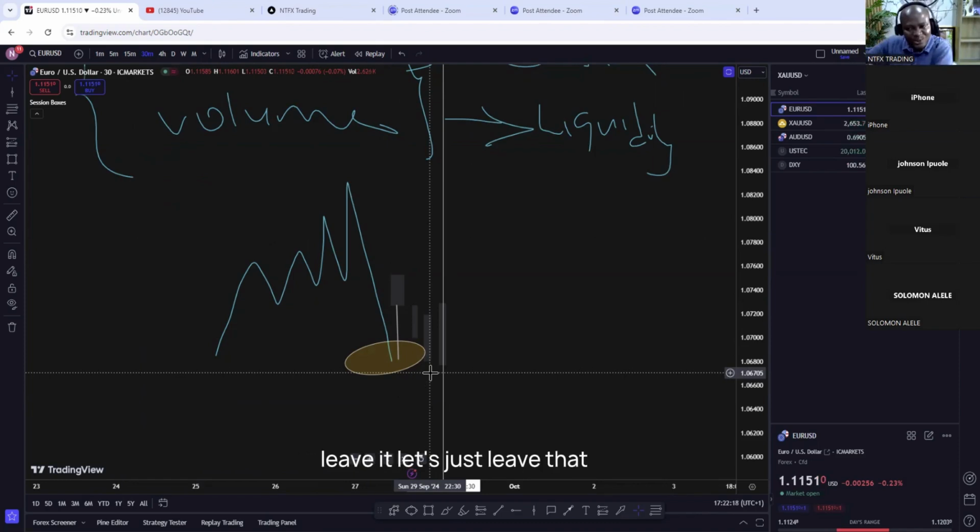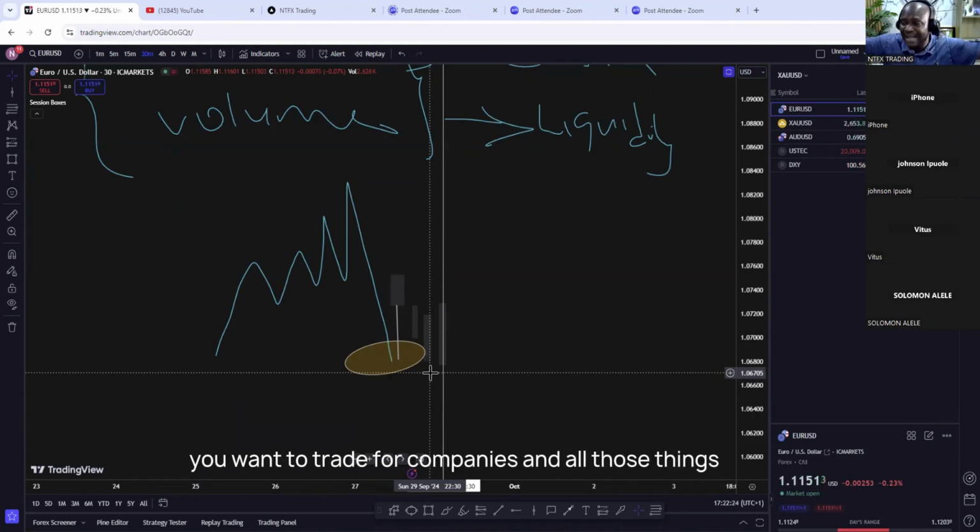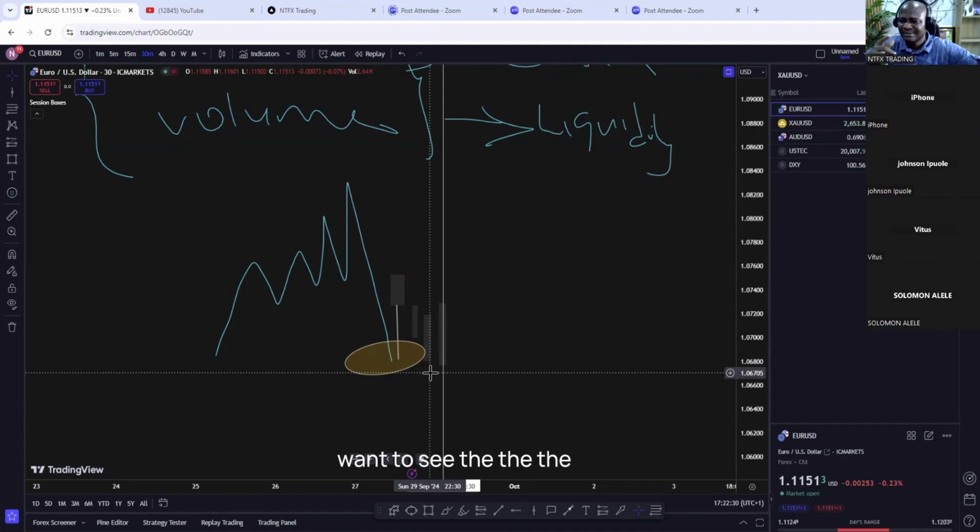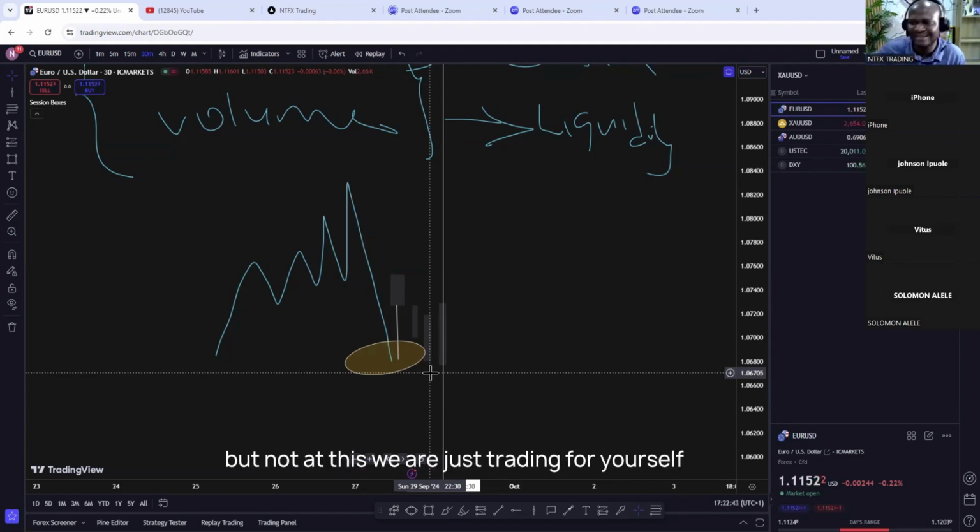Those that want to do advanced trading, to trade for companies and all those things, need to take their trading to that level where we teach you velocity of price. We want to see the relative movement of price with time. That is simply what is called an impulse. The higher the velocity, the stronger the impulse. You define all these things, but not at this level. We are just trading for ourselves, not for a company.